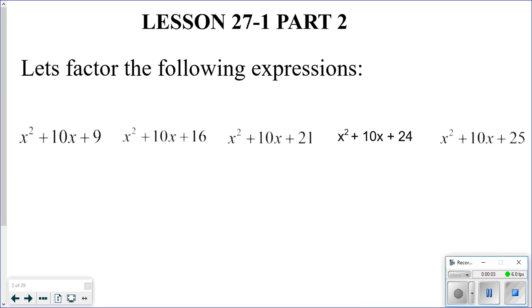We are still in lesson 27.1 talking about factoring. So I want you to go ahead and factor these questions on the board on any scrap piece of paper that you have.